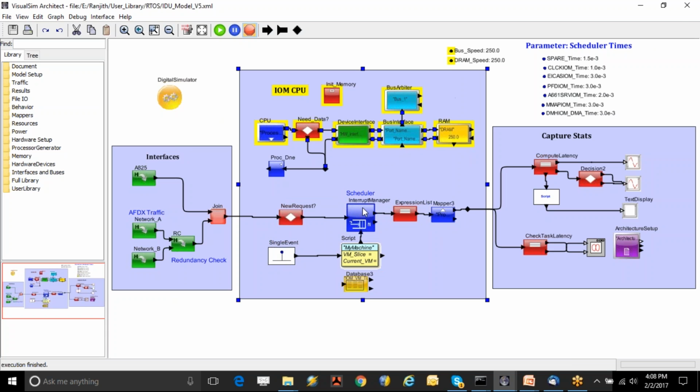For ARINC 653, in this case, I have about 6 partitions, and I have provided the time slots associated with each partition as well. For example, the spare time is about 1.5 milliseconds, which means the tasks running on my spare partition must be completed before 1.5 milliseconds.